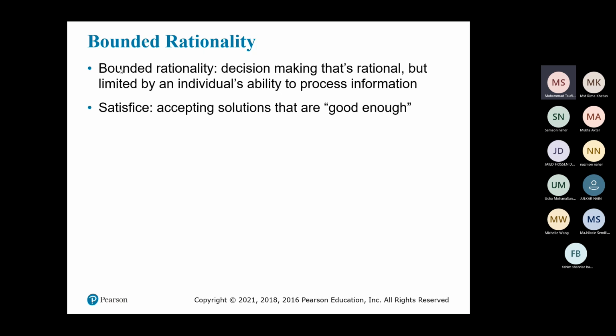The decision is rational but limited by the individual's ability to process information. We try to be as rational as possible, but we are being rational based on our limited knowledge and limited information. That is what we call bounded rational decision making.